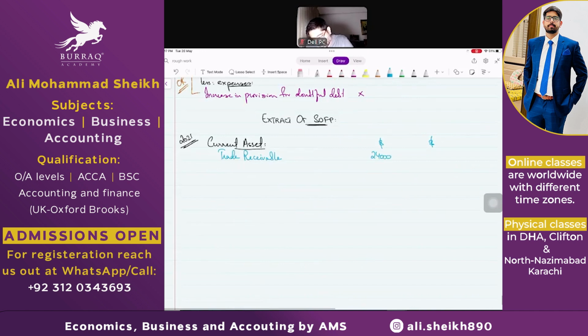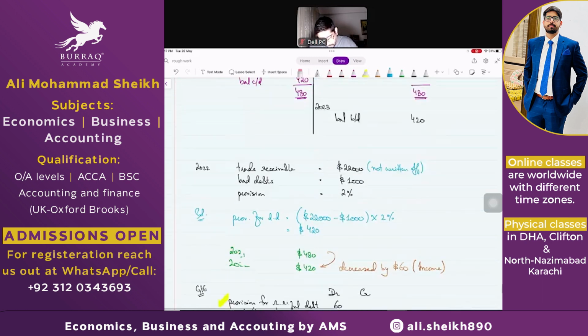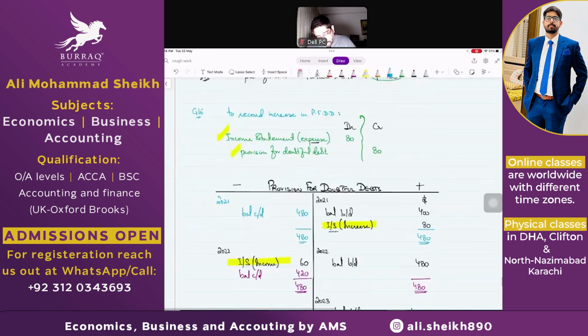Less provision for doubtful debt. Over here you need to put the total provision for doubtful debt amount, not the difference. Difference would only be for income statement, and in a statement of financial position you need to pick the total value of provision that was charged in that particular year. And in that question, in 2021, the provision for doubtful debt was $480.